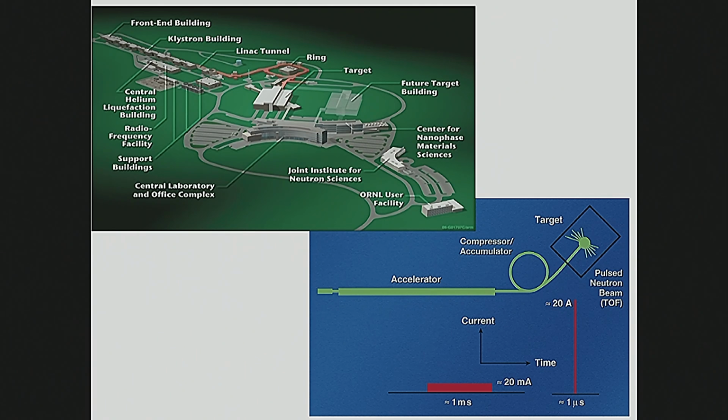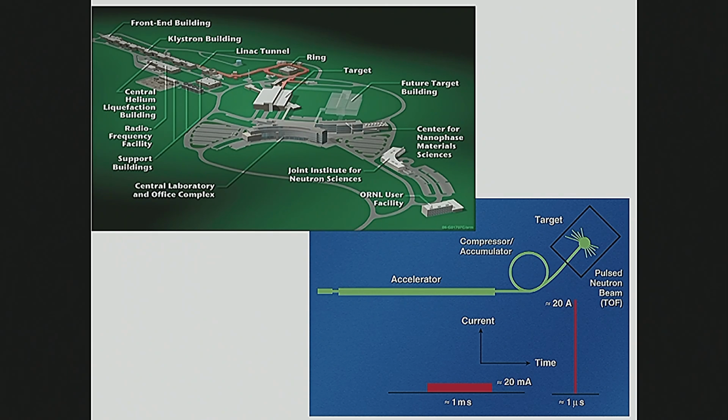So this just shows schematically how this works at the SNS. I know you've seen this before. For a spallation source, it's really a proton accelerator at the front end that produces a current of protons, which start off with a time width of about 1 millisecond, but when they go into this accumulator ring, they come out with a time structure of about 1 microsecond.